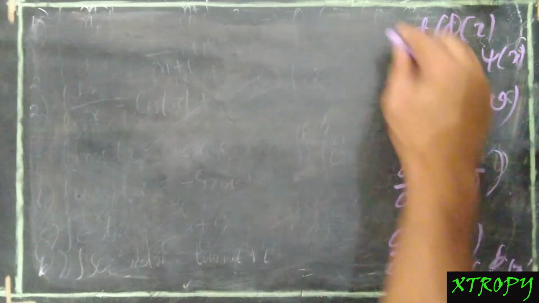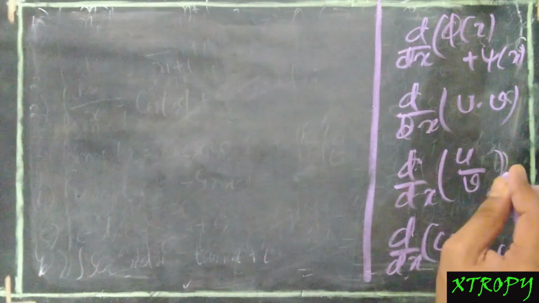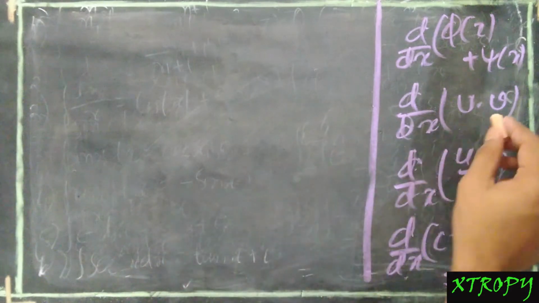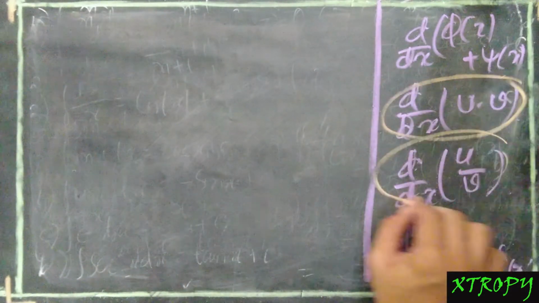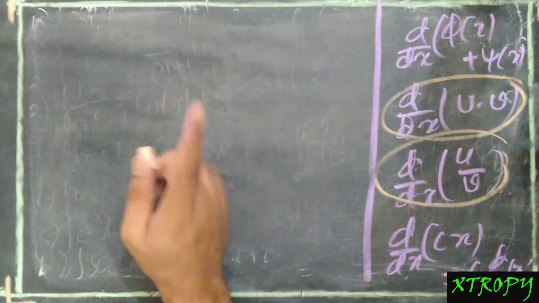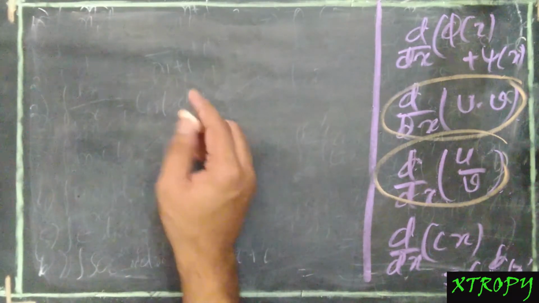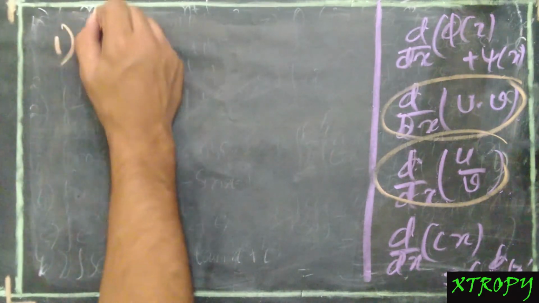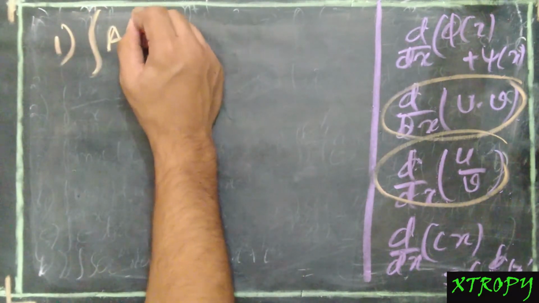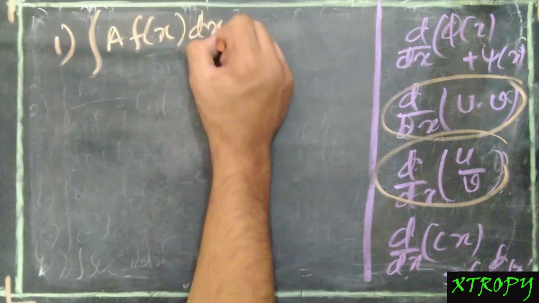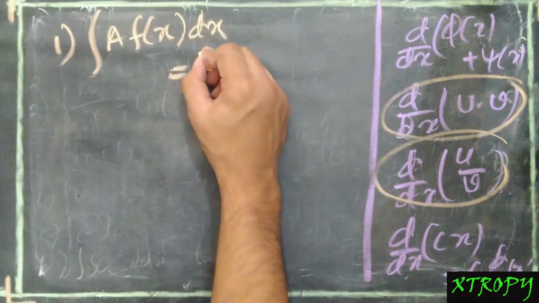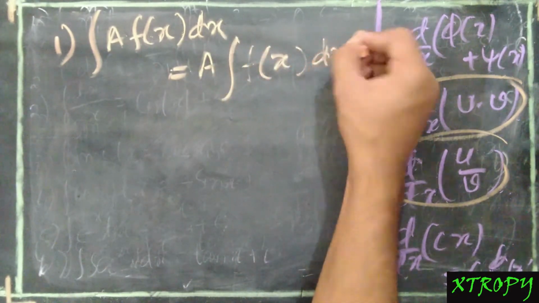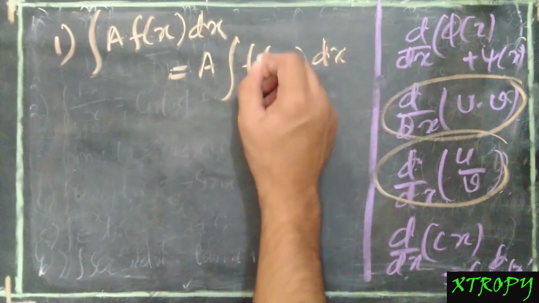So these are some general rules we have seen in differential calculus. But when it's about integration, there are no product rule or quotient rule. There are only two general rules in integration. The first one: the integration of a f(x) dx, if a is a constant, then you can take this a out of the integration and integrate the rest of the function. This is the first general rule.